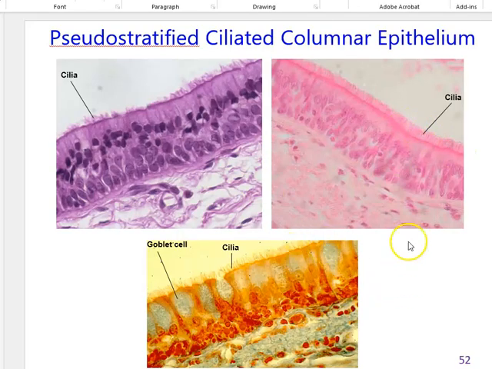What you're seeing is different stains applied to different tissues. But what these all have in common is they are the ciliated version of pseudostratified columnar epithelium. And whenever you see the cilia, there has to be a reason for it to be there. In this case, it's usually going to be to push mucus as part of the mucociliary escalator.